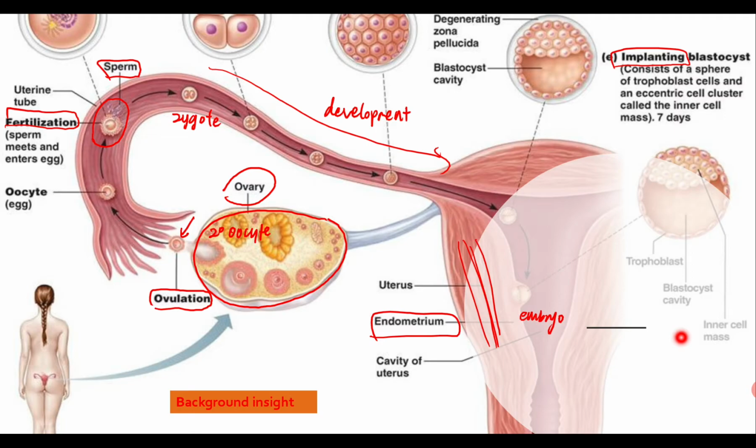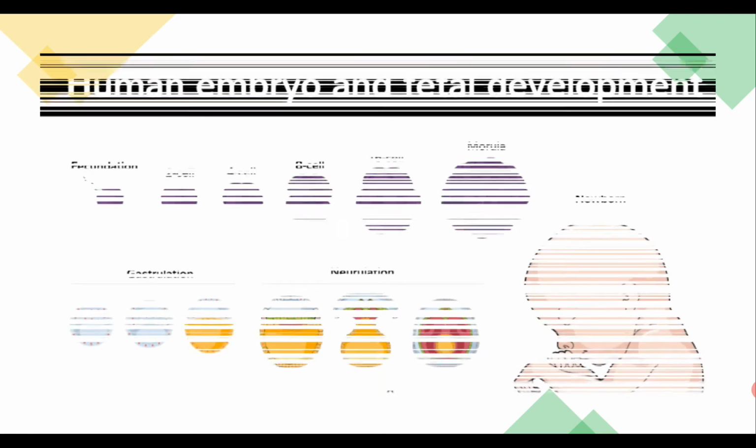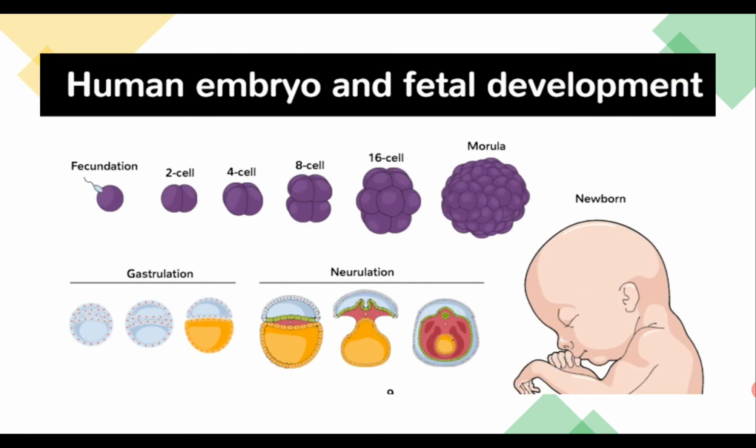So what actually happened between the zygote and the implanted embryo? As you see in this illustration, can you spot the difference in the cells that are present in each of the structures? Yes, you are right. There are changes in terms of the number and the sizes of the cells. What happened first is a series of changes to the number.